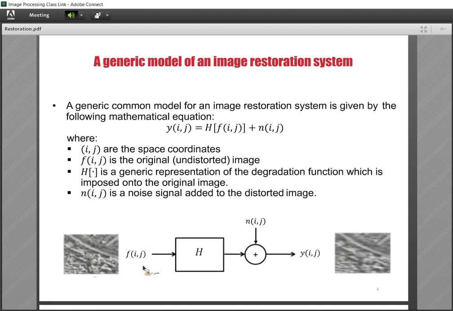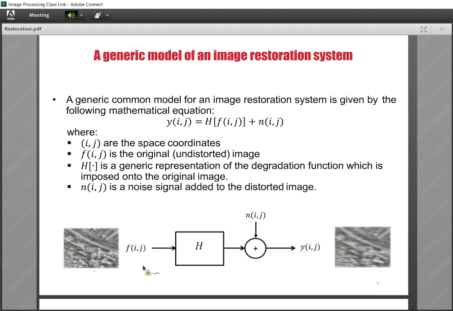We said, for example, some data F(i,j), a picture, is entering a system for disturbance, or in Arabic distortion, and this is, for example, H in that system.